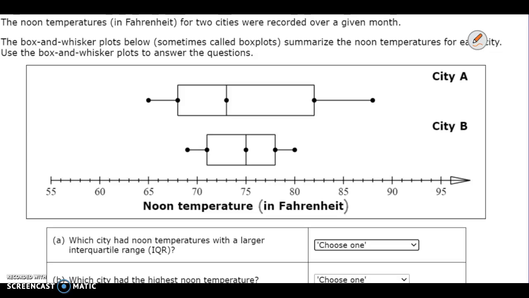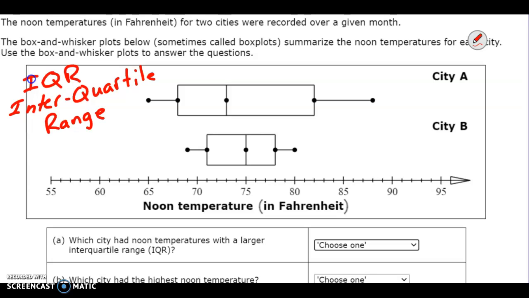Okay, so now you're just kind of comparing them. So which city had a noon temperature with a larger interquartile range? So remember the interquartile range, that's what the IQR stands for. Interquartile range is the distance or the difference between the two quartiles.